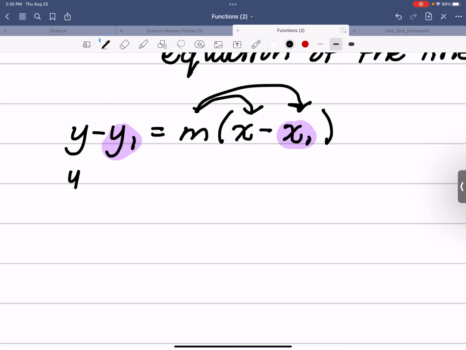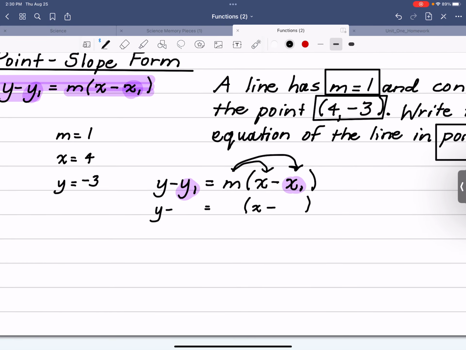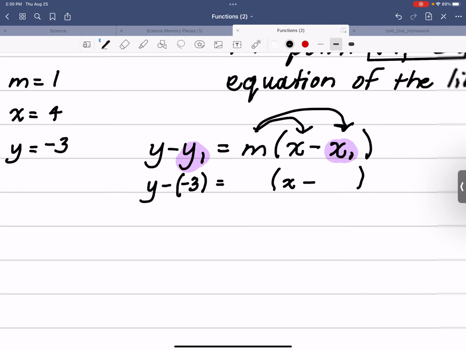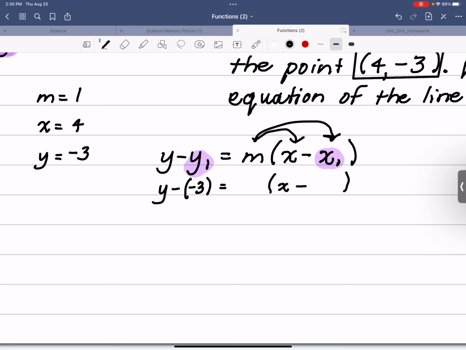This Y needs to stay in there. This X needs to stay in there. So I'm going to look right here for Y, that's negative 3, and I'm going to put that in parentheses. It doesn't mean to multiply, I just don't want to get confused with those two negatives and lose one of them. Then the X over here is 4. X sub 1 is 4, and you know slope is 1.